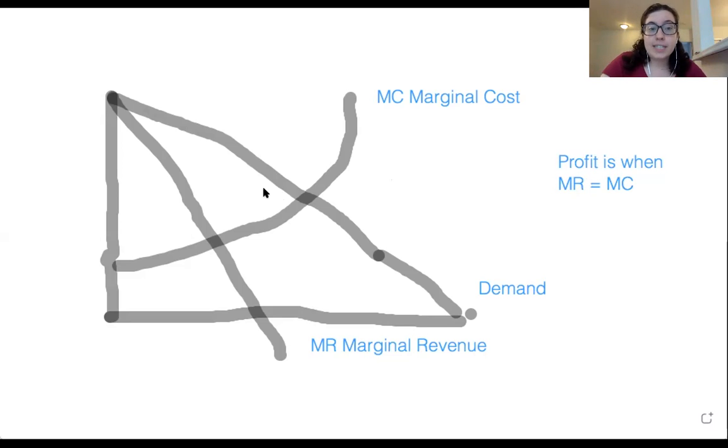So in perfect competition, it is where the marginal cost equals demand, which is going to be this point here.